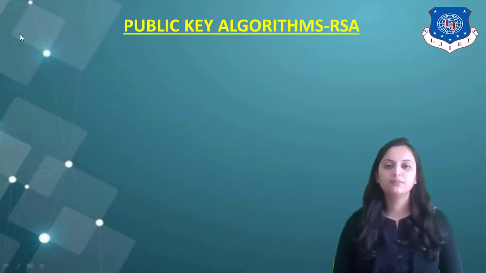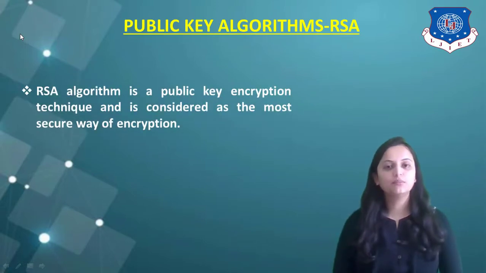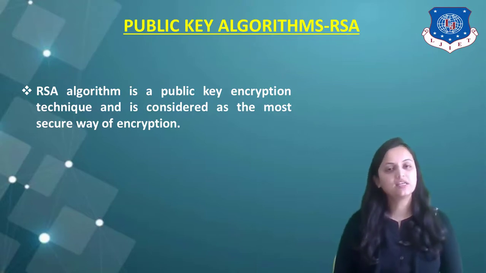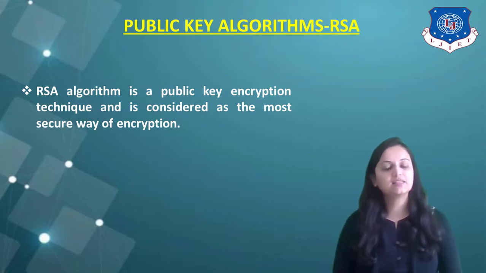So first of all, let us see Public Key Algorithms, and under that we will see the RSA algorithm. The RSA algorithm is a public key encryption technique, and it is considered the most secure way of encryption. Till now we have seen the encryption standards and different algorithms like DES and AES in the previous sessions.